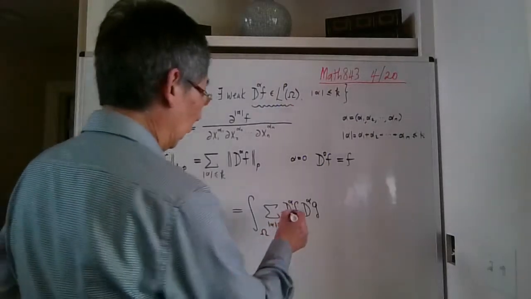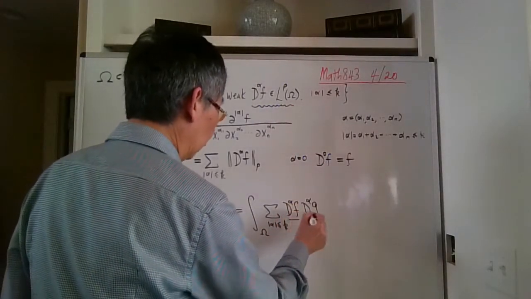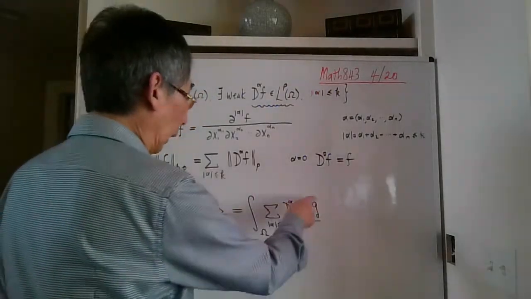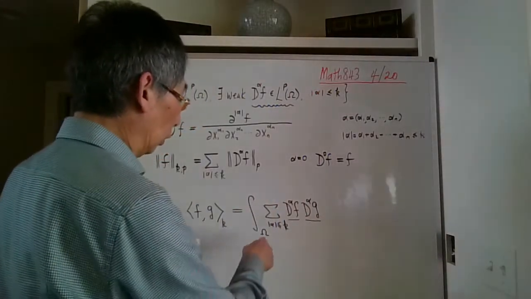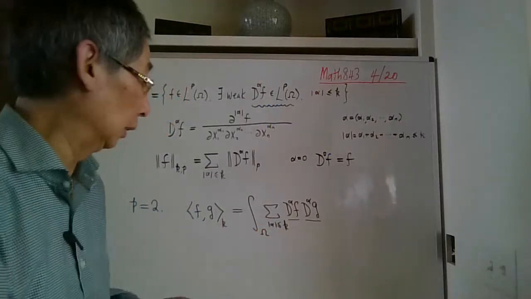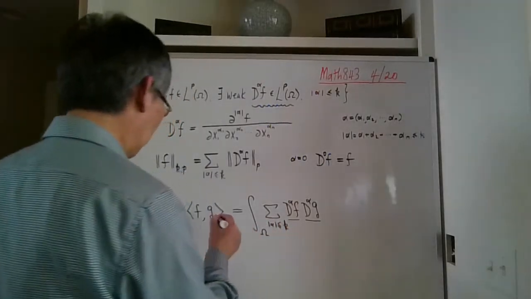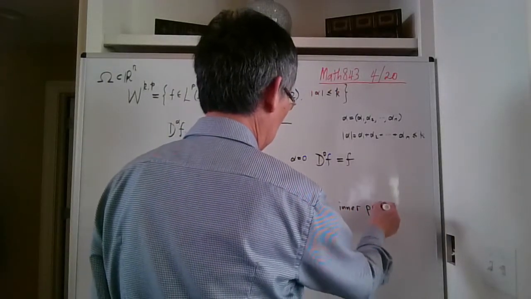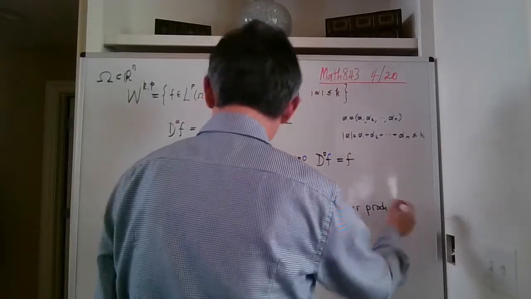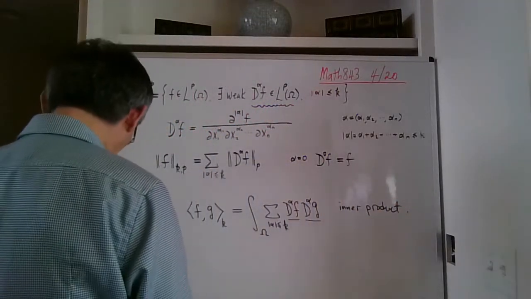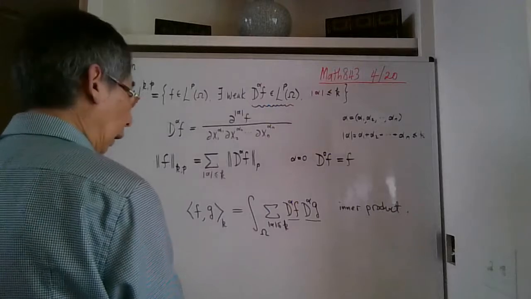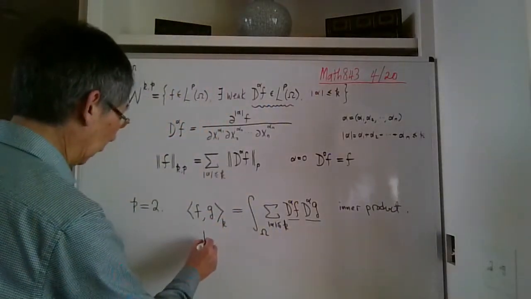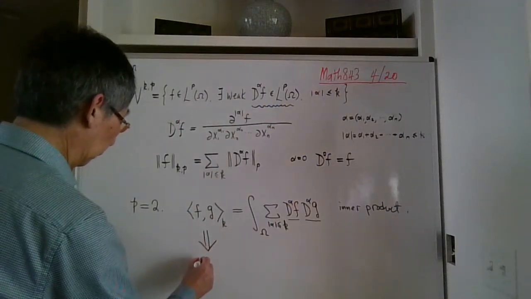You just multiply one weak partial derivative by another weak partial derivative with the same multi-index, and then sum over all possible multi-indices less than or equal to k, and this becomes the inner product. And this inner product gives you the corresponding norm.